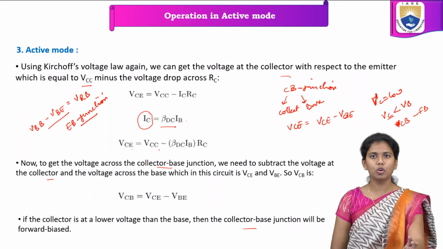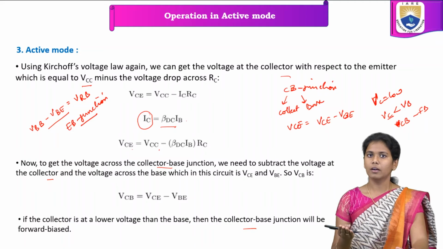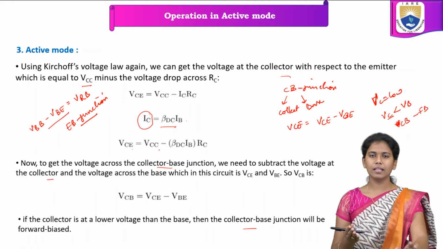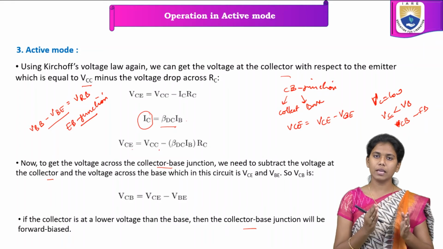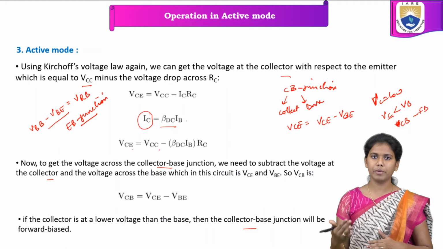In the active mode operation of BJT, we are describing two things. When the transistor is operating in active mode, it goes with forward bias in one junction, the emitter base junction, and reverse bias in the other junction, the collector base junction.